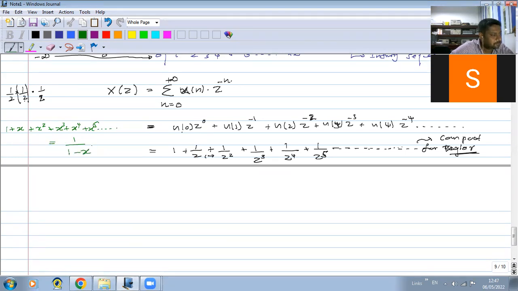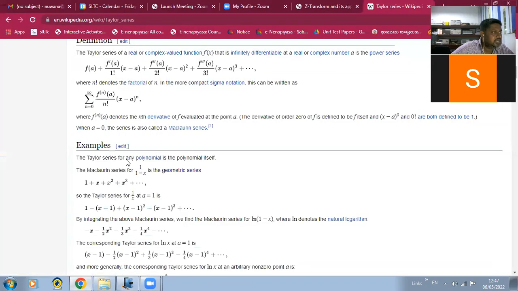Okay, but not for all x does this series hold. There is a condition for this x. I think the absolute value of x should be less than 1. So if you are not comfortable, you can Google.